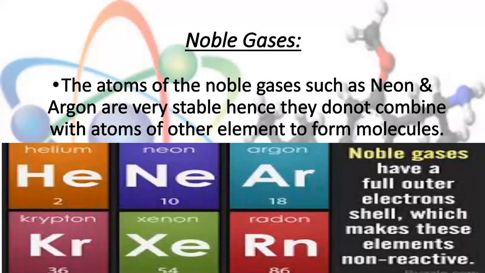They have a full outer electron shell. They do not need any electron for any chemical reaction. So the atoms of the noble gases such as neon, argon, krypton, xenon, radon, these are on your screen.